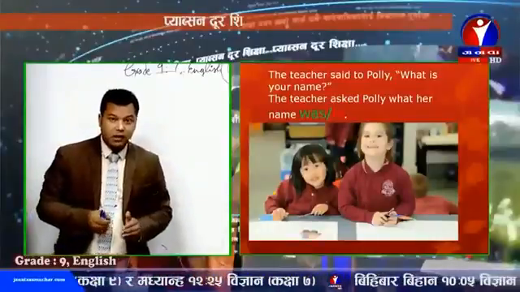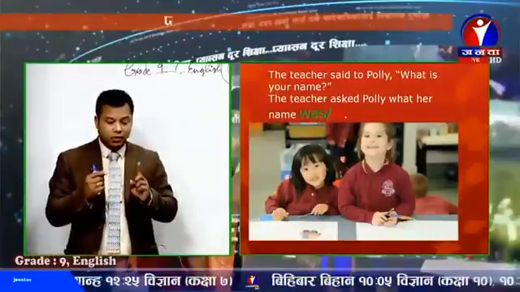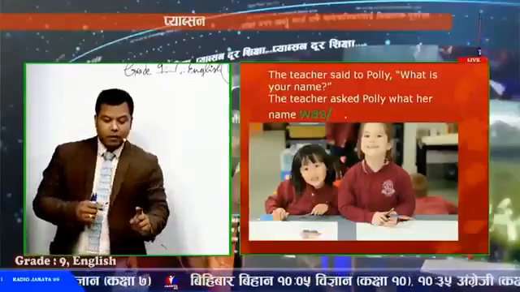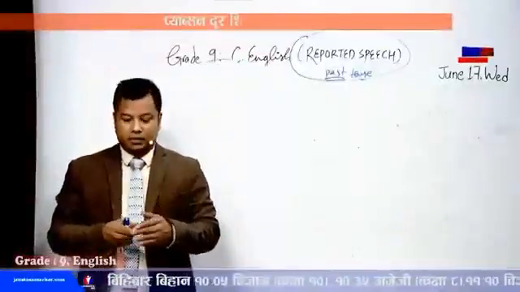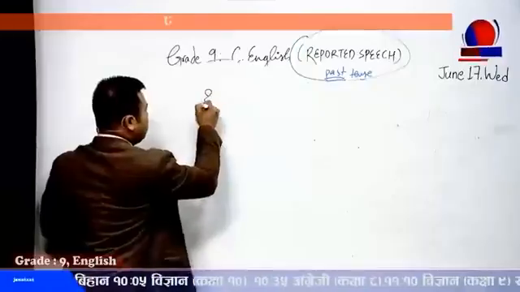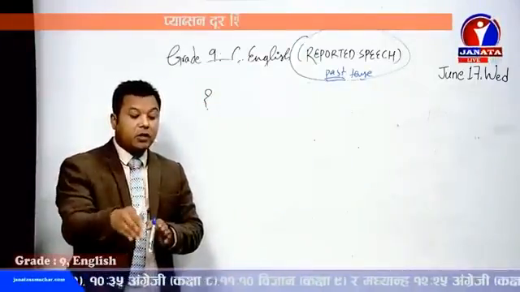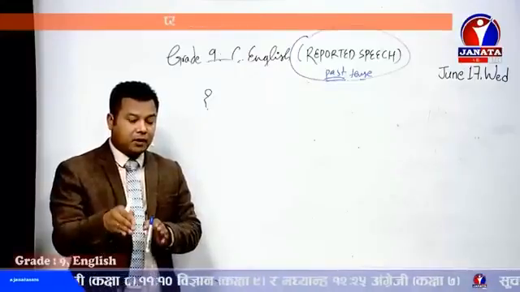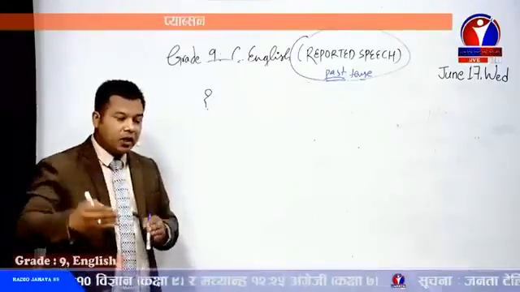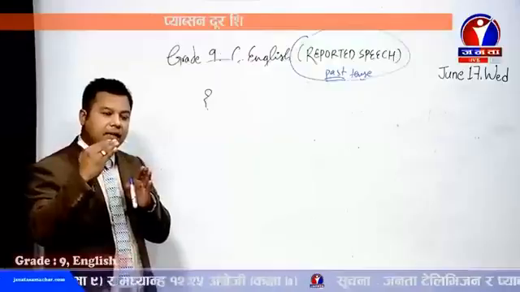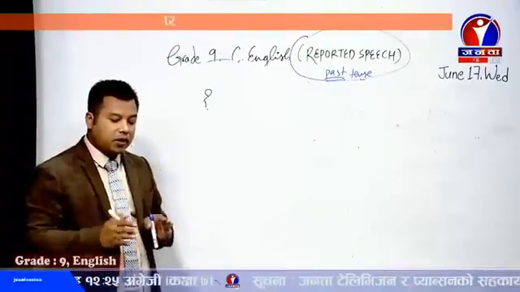Now in this transformation, there are two things which are important. First, what is your name? Is it a question? So the question format in every interrogative sentence that you have in the direct speech, when changed into indirect, all indirect statements are put into assertive structure.